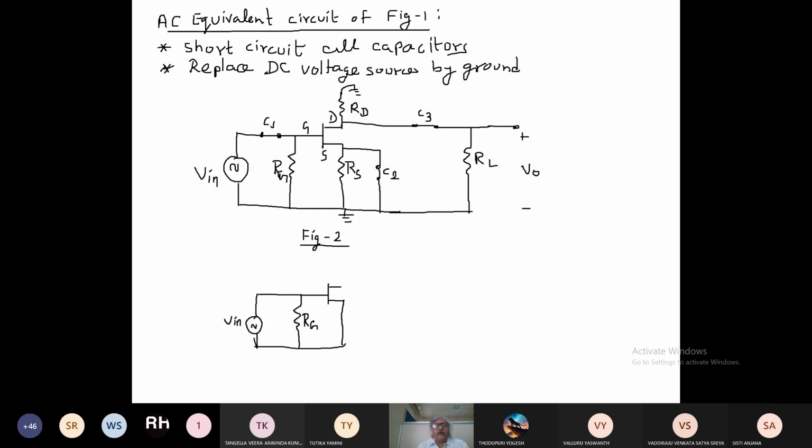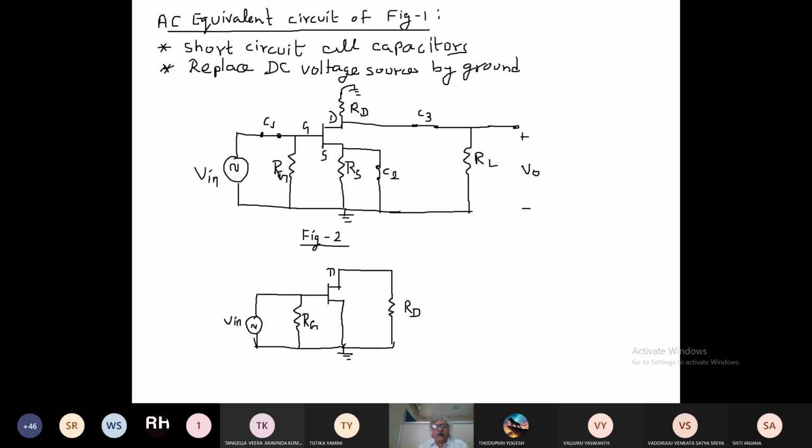Now you see this RD resistor. It is connected to ground, right? So I will connect it to the ground in this way. This is RD, right? Because this source is ground. So directly I have connected this to ground.